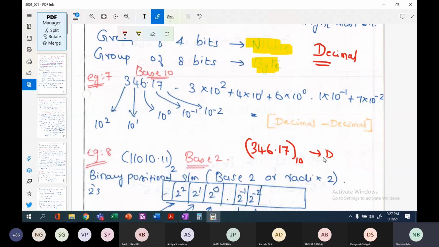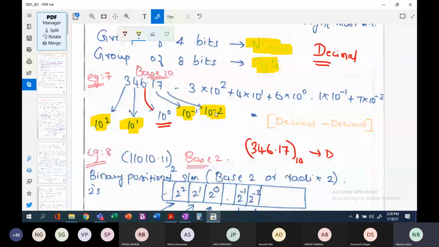Now, how do we represent it in terms of positional weights? The rightmost integer position corresponds to 10 power 0, the next position corresponds to 10 power 1, the next is 10 power 2. On the fractional side, the weight is 1 by 10 or 10 power minus 1, then 10 power minus 2, and it keeps going on.